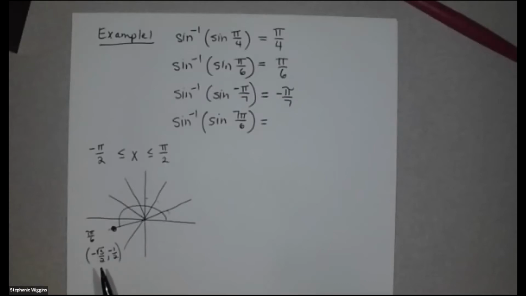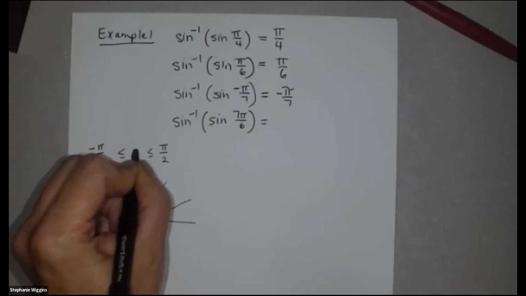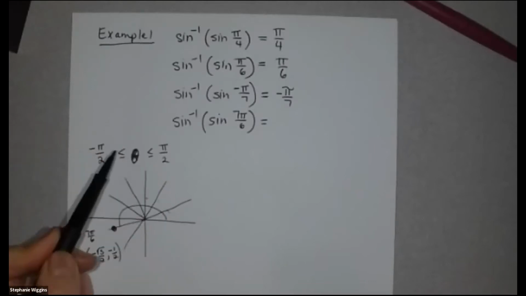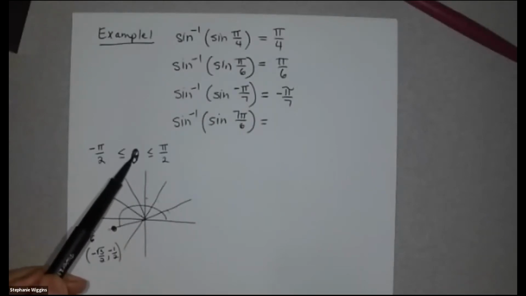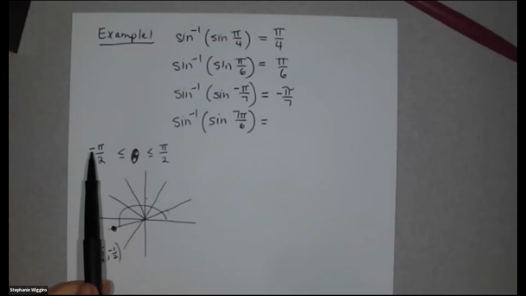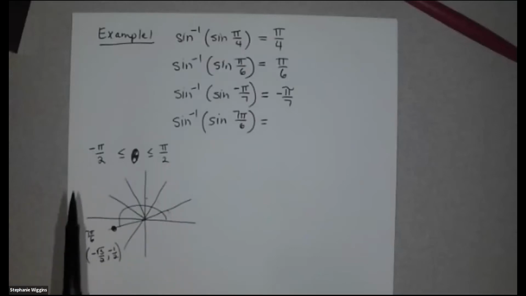Well, what angle in this range, and let me use theta here because that's better. I don't want to confuse this x with this x. It's a different x. So our angle has to be between minus pi over 2 and pi over 2. Which angle has the same sine value as 7 pi over 6?